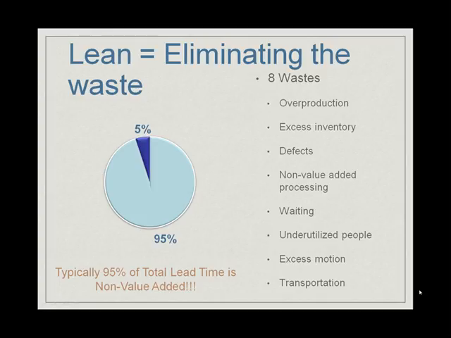So there's a lot of waste that could be eliminated. There are eight specific wastes that we look for from a lean perspective: overproduction, excess inventory, defects, non-value-added processing, waiting, underutilized people, excessive motion, and transportation.